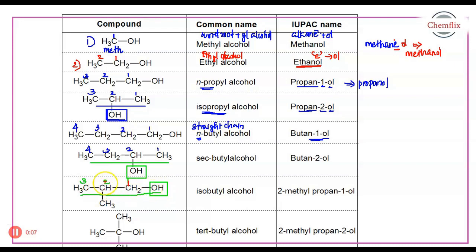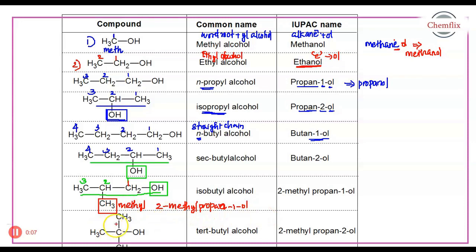And here on the second carbon, you can see an attachment, that is our CH3. So this one is methyl, methyl is attached to this. So the second carbon, 2 hyphen methyl, 2-methyl propan-1-ol. Okay, that is the name.